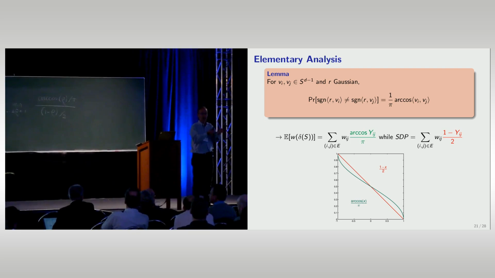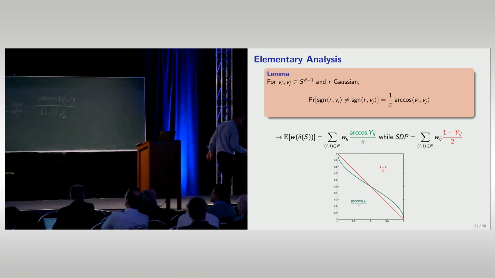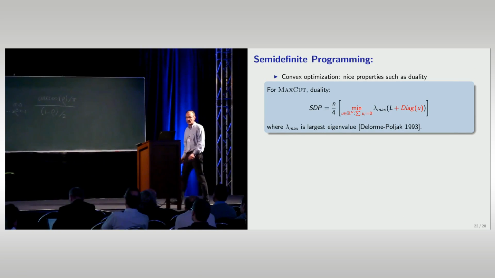It's a one-line or two-line argument that it's equal to the angle divided by pi. And so you get a closed form formula for the expectation, and you can compare that to the SDP value, and you get the bound. So it's embarrassingly simple, and it gives you a bound of 0.87856.